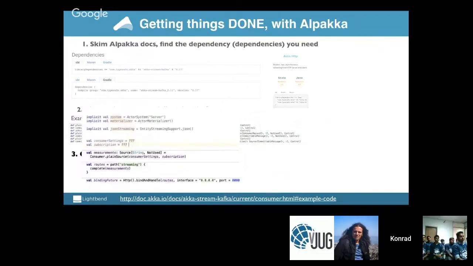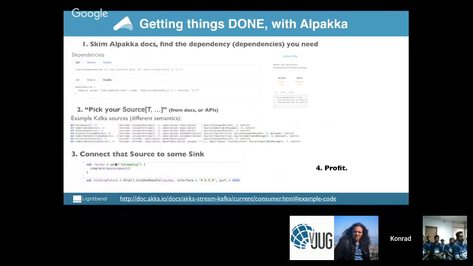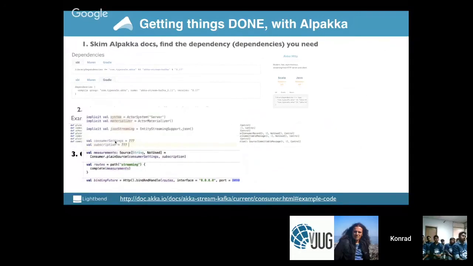Then you just pick that source. So the measurement source. You see what I did there. Here you have the measurement source of string, consumer plain source. That's the Alpakka API to Kafka. And this is Akka HTTP, where you can just say in a route, complete with this stream, and you're done.